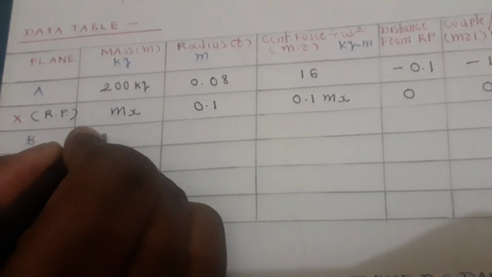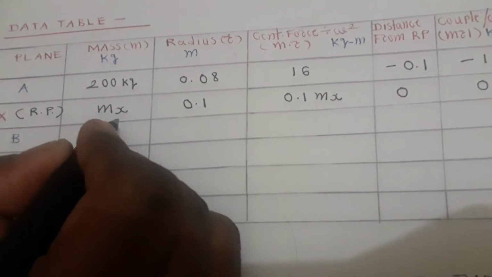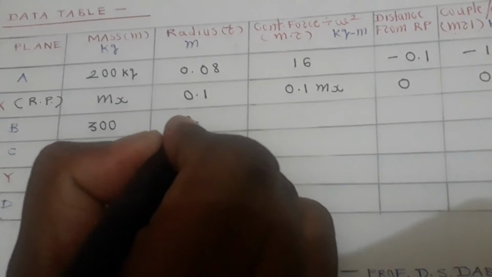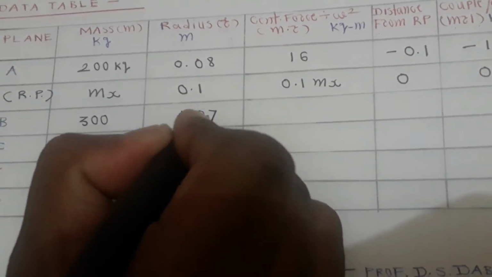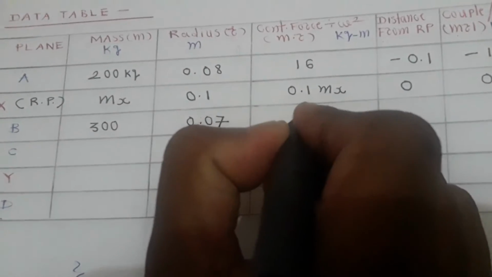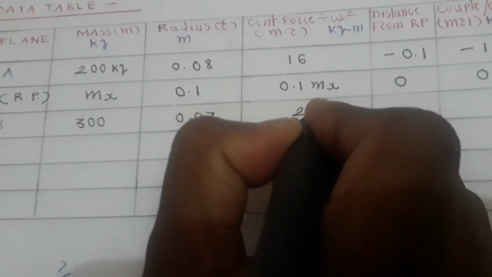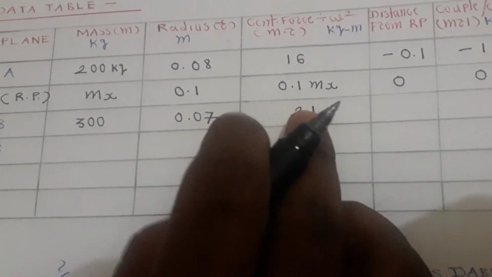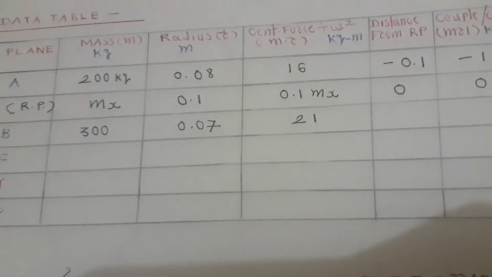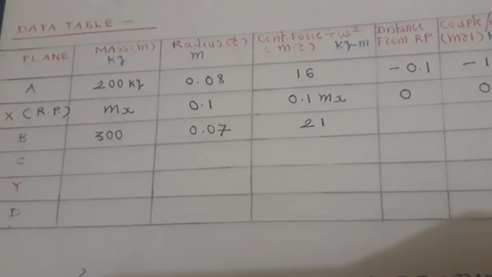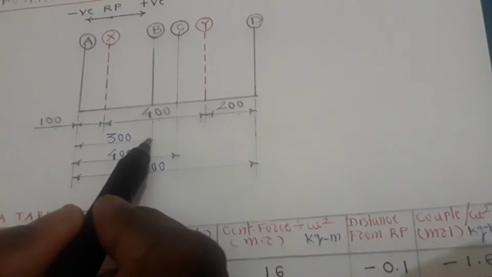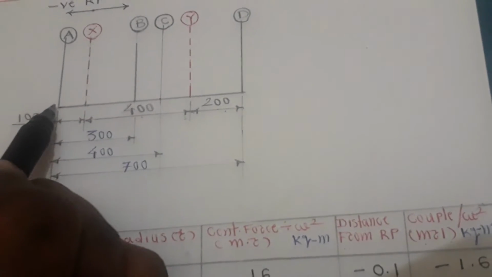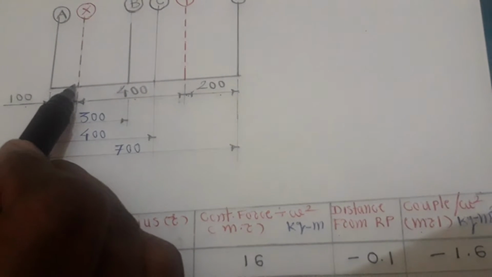For B, the mass is 300, radius is 0.07, and the product of these two will be 21. The distance from the reference plane, if I consider, from A to B it is 300, and A to X it is 100.